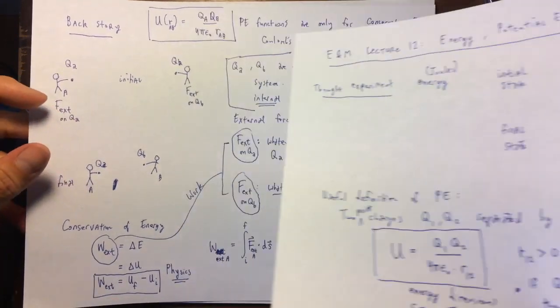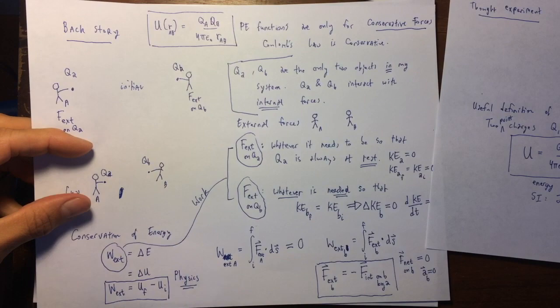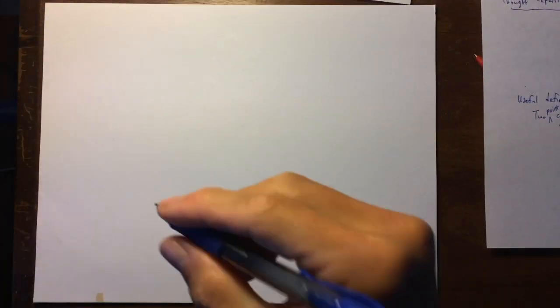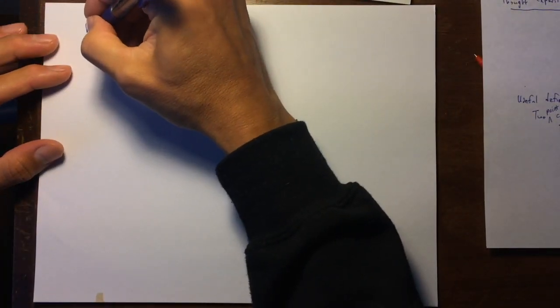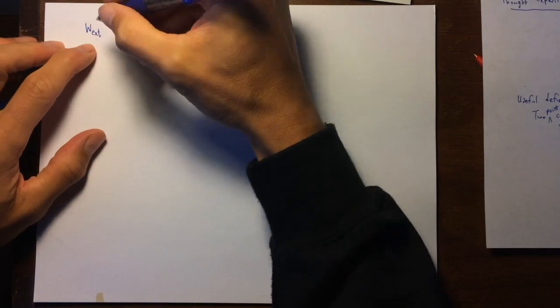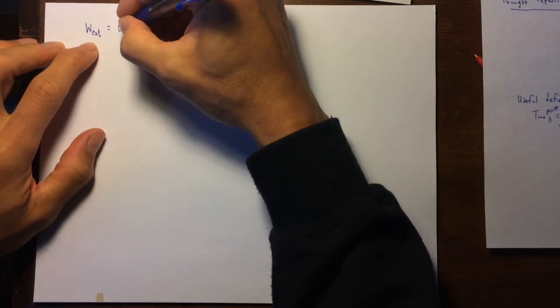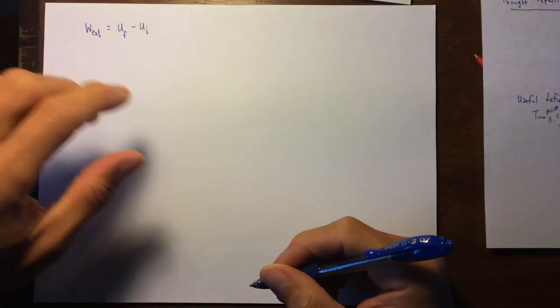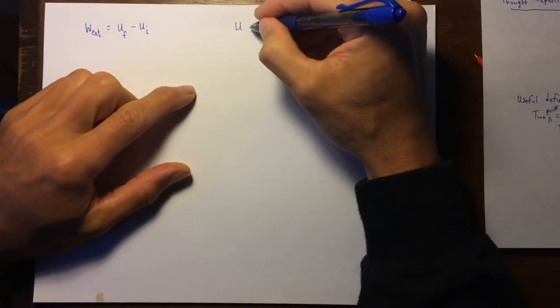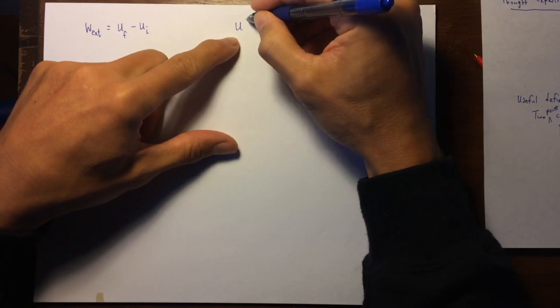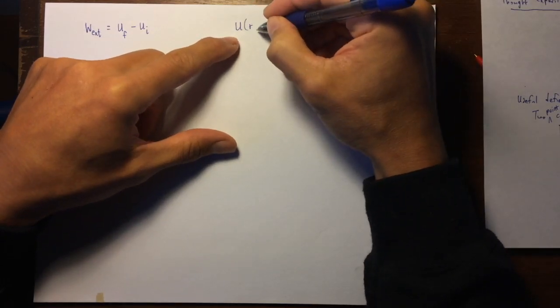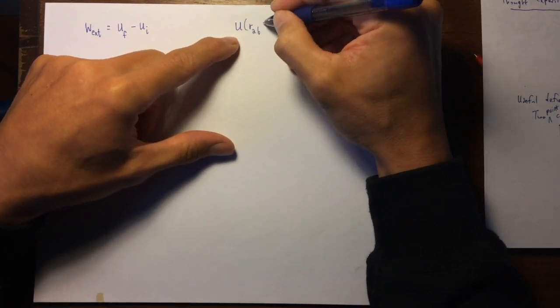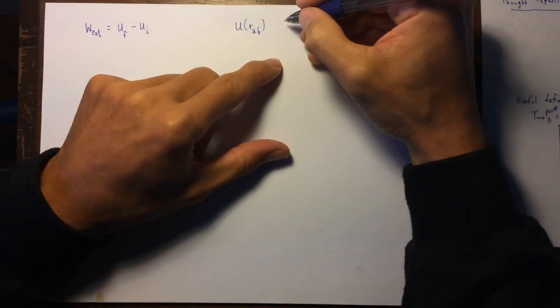So let me copy this statement. The external work in my little thought experiment only results in a change in this thing called the potential energy. And I have a potential energy function which is only dependent upon the separation between the two charges, RAB.